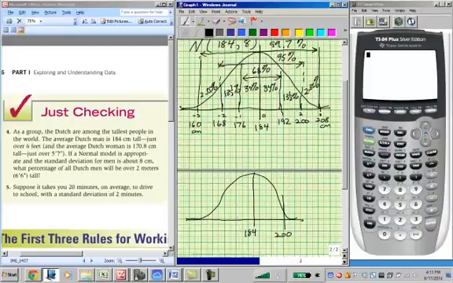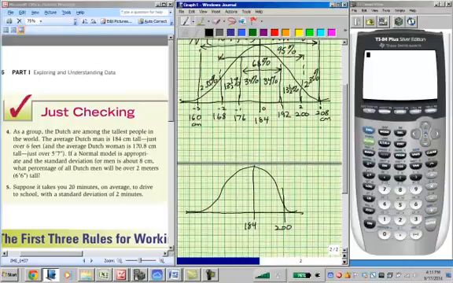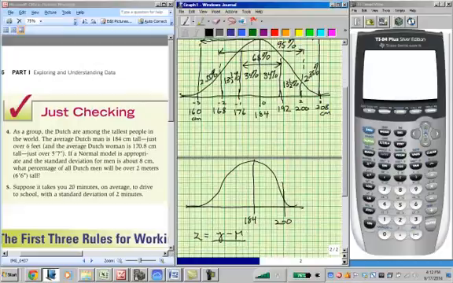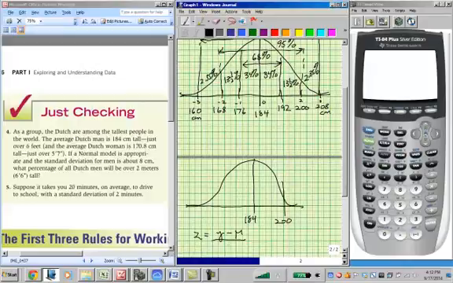Now we want to calculate the z-scores. And this is something you're always going to be doing. Z equals y minus mu, standing for mean, or y bar if we're talking about a sample, mu if we're talking about a population. Y minus mu over sigma, or we would say standard deviation of the sample, S sub x.